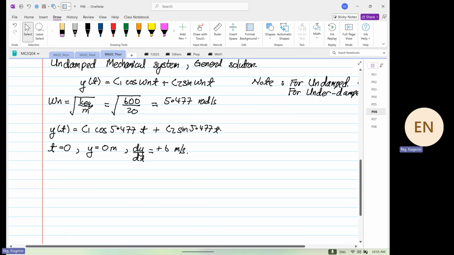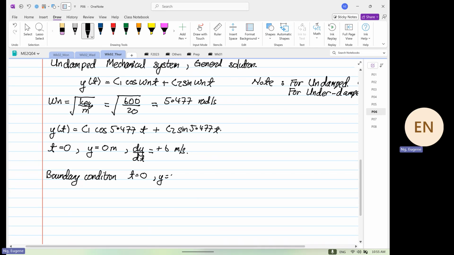So something different. Okay. So when we apply the boundary condition, t is equal to 0, y is equal to 0, and I'm going to call this a new example, into equation 1.